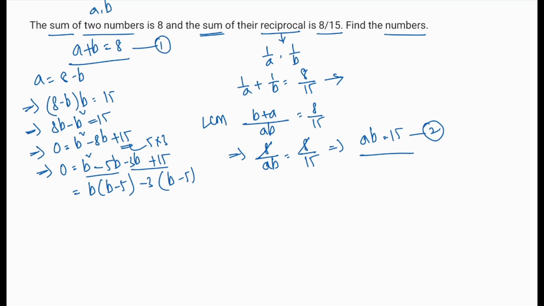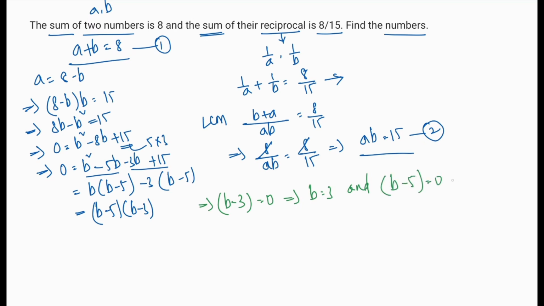Take minus 3 common from these two. Now it will be b minus 5 into b minus 3. If you take b minus 3 is equal to 0, you will get b is equal to 3, and if you take b minus 5 is equal to 0, you will get b is equal to 5.